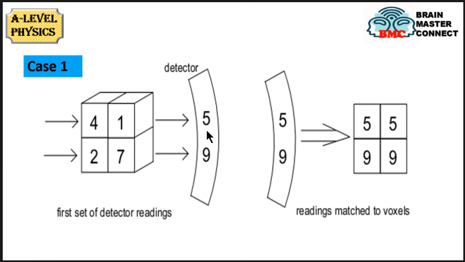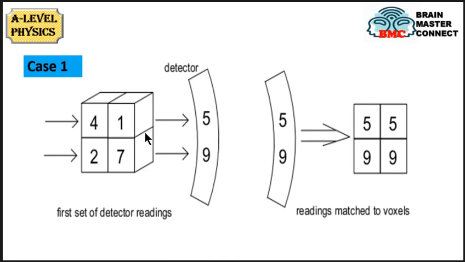Okay, so the detector reading is then used to match each of the Voxels here. If I match the reading here to each of the Voxels, what I simply mean by matching is that I'm replacing the values of pixels here by what I just got newly. If I just do that, what I will end up with is a new set of Voxels.